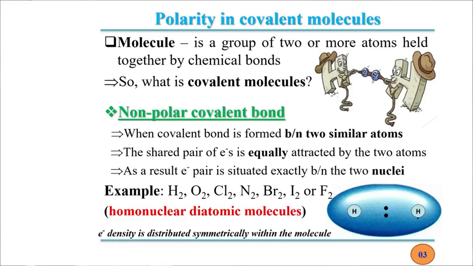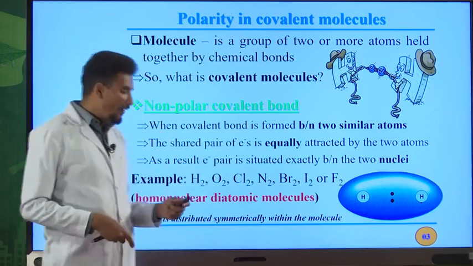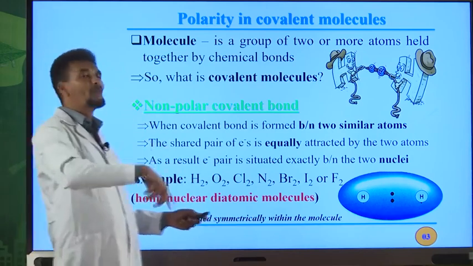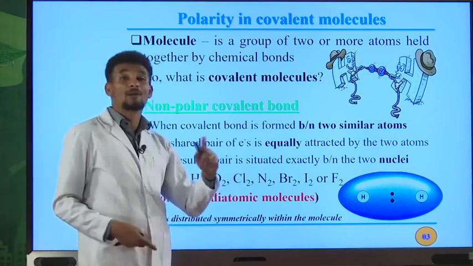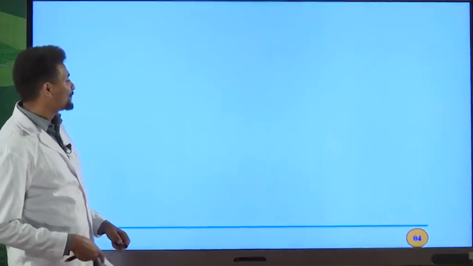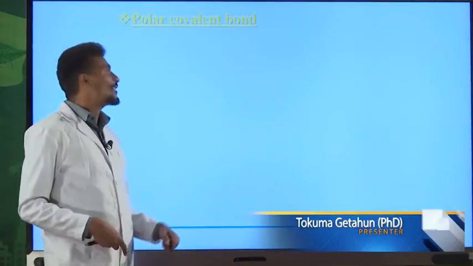If there is symmetrical distribution of electrons between the atoms of the molecule, that bond is known as a nonpolar covalent bond. But if electron density is distributed unsymmetrically within the molecule, the bond is a polar covalent bond.